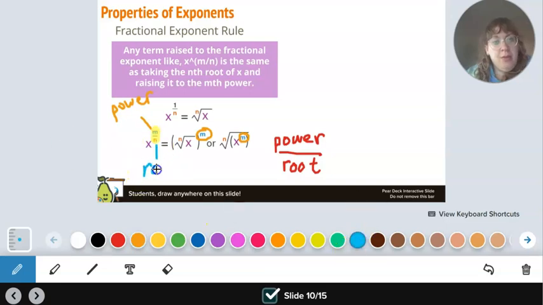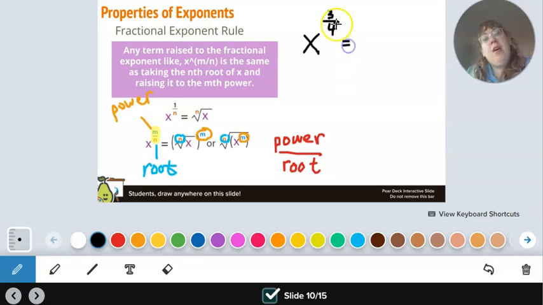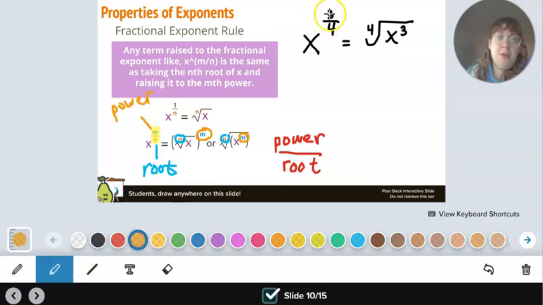And our root is n. So we're going to see that out front here for the root. So if we have something like x to the 3/4, right? Our power is 3 and our root is 4. So this is the 4th root of x to the 3rd power. So notice where we're putting. Here's my power. Here's my root.